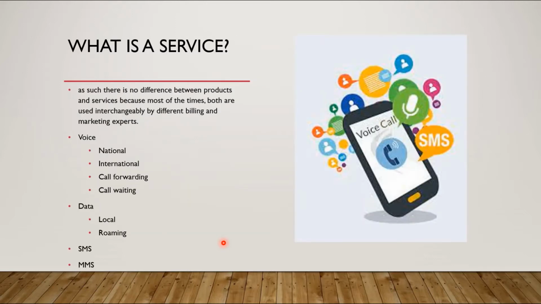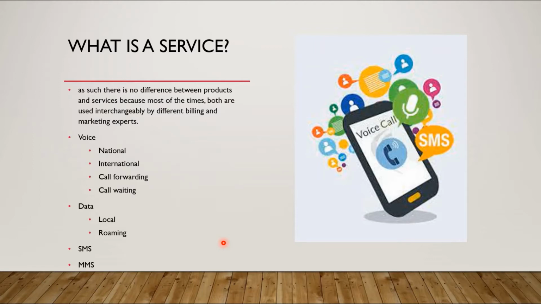Now, what is a service? I have explained what a product is, and in my previous lecture I told you that products and services are used interchangeably to denote this term, so don't get confused. Even if I say service or product, it's the same thing, but actually services are inside the products.